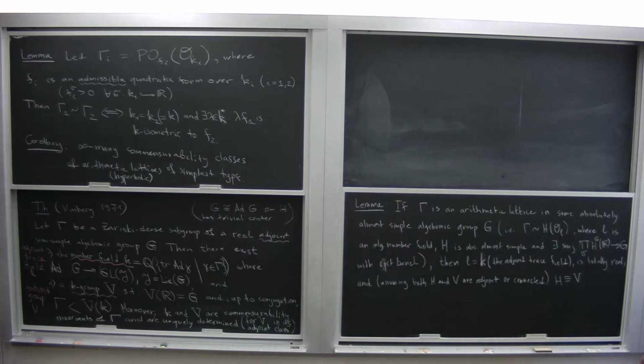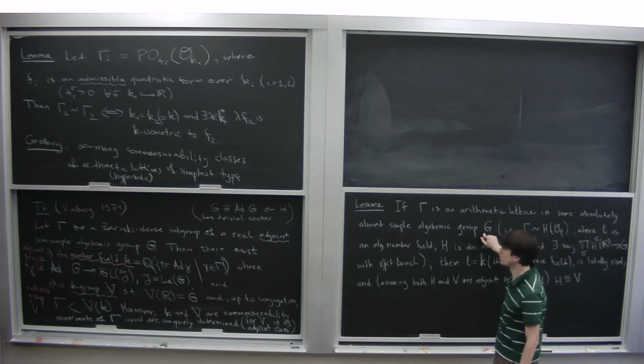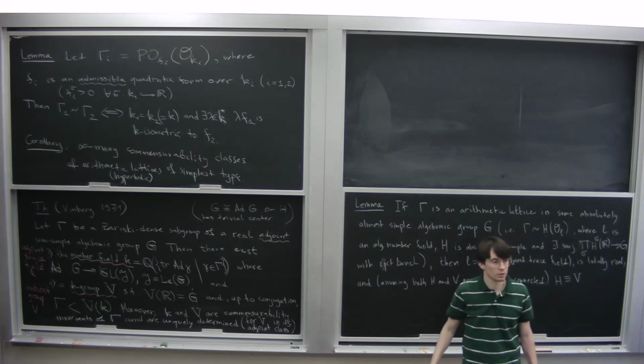How does that resolve with this adjoint trace field looking totally real? It should be absolutely simple. Yeah.